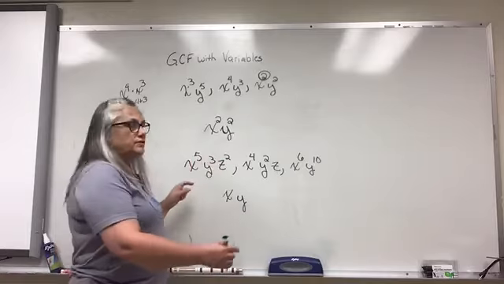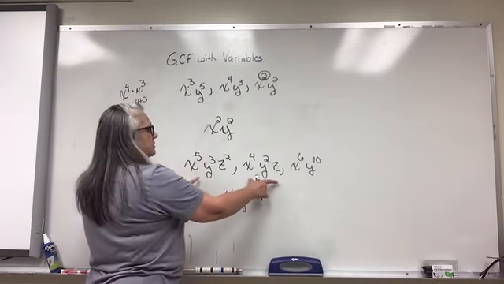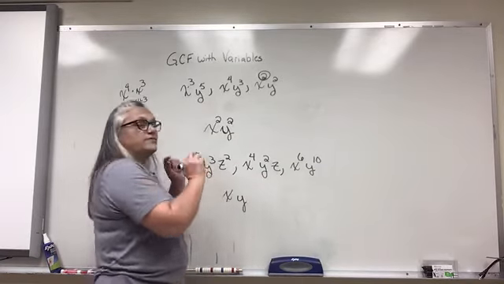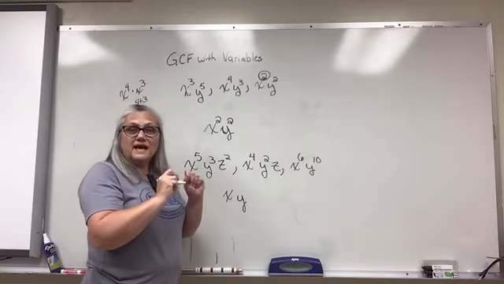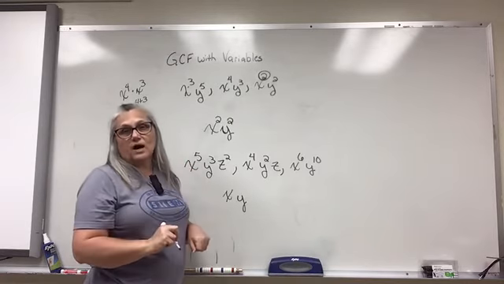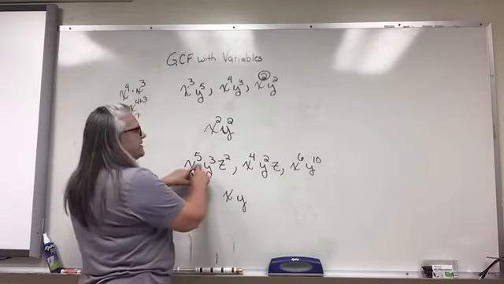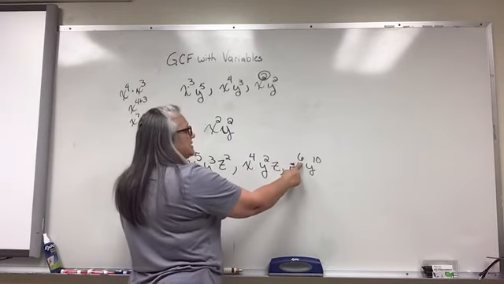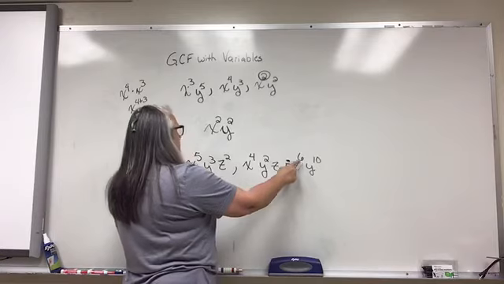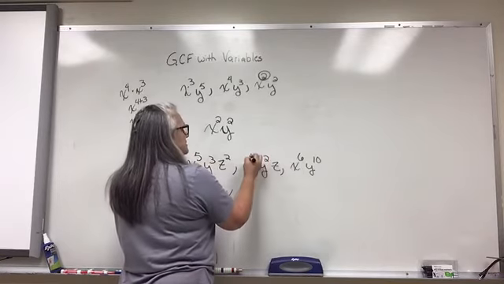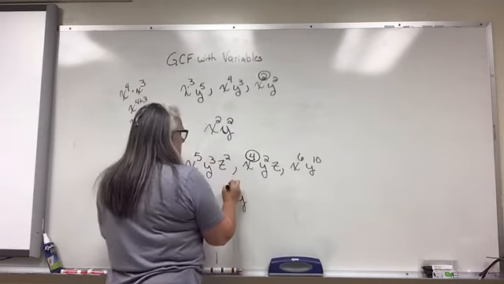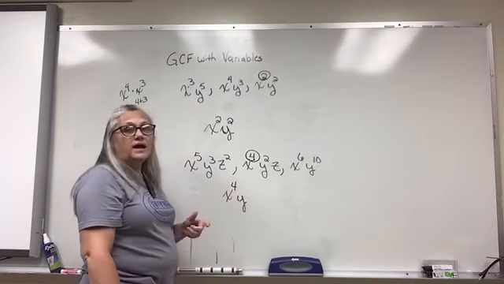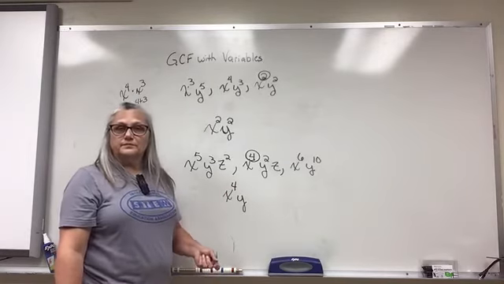Now, the only thing I'm going to have to look for is the exponents on the variables x and y. So I have a 5, I have a 4, and I have a 6. The least number between 5, 4, and 6 is 4. So the exponent on my x will be 4.